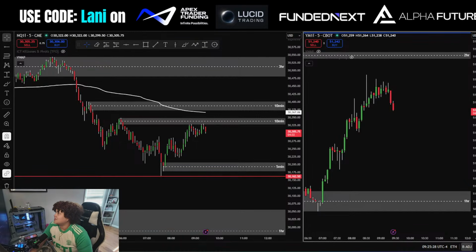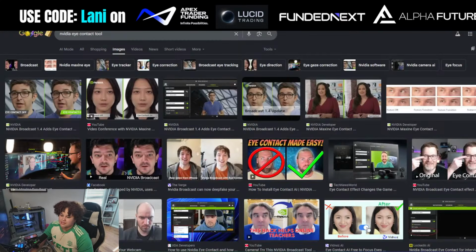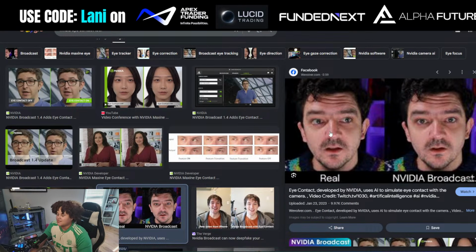The AI makes it seem like you're looking straight at the camera. This is exactly what it was. You could be looking somewhere else, but if you have the Nvidia thing on, it makes it seem like you're looking at the camera.